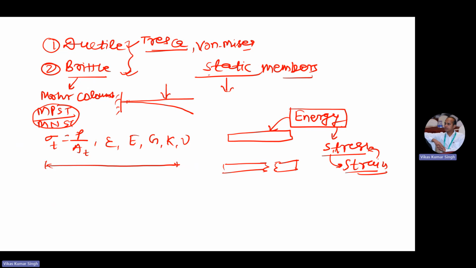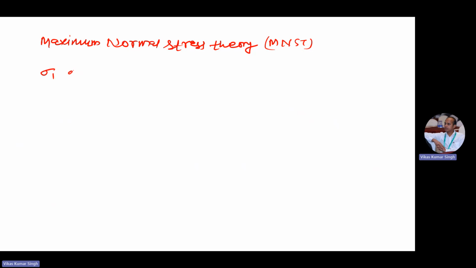Okay. So when we are talking about the maximum normal stress theory, MNST, suppose we have three principal stresses, sigma 1, sigma 2, sigma 3, in three directions, like 1, 2, 3.